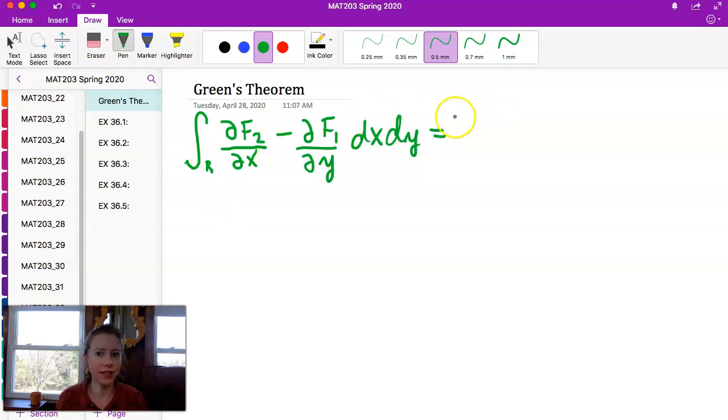Well, if the two inner pieces are equal, then the whole thing is going to be 0.